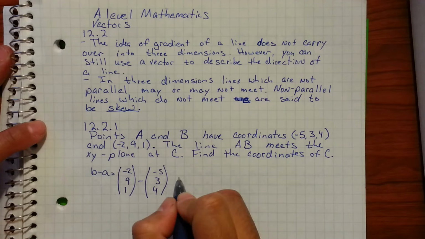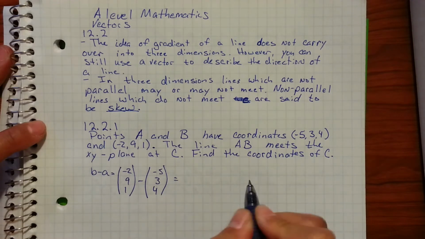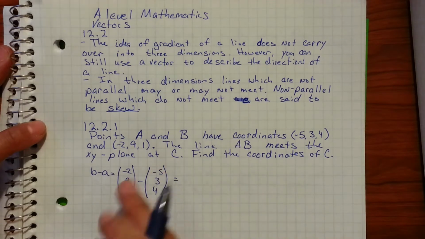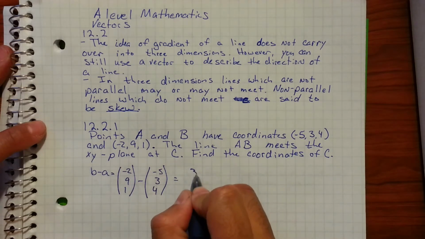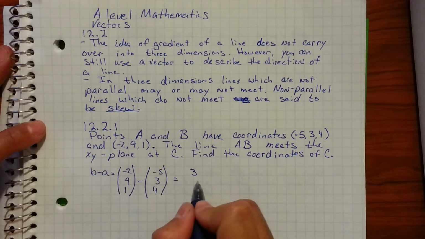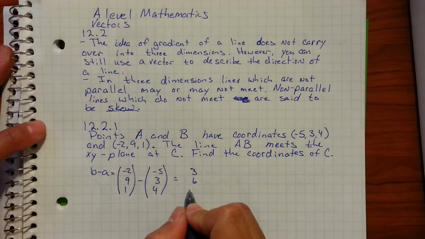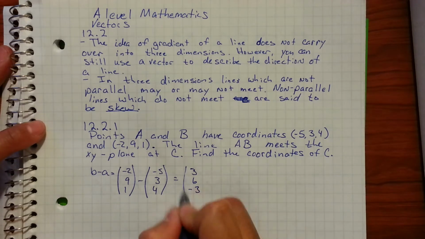And that's going to give me my vector. So that's going to give me right there +3. Right here, that's going to give me 6. Here, this is going to give me -3.